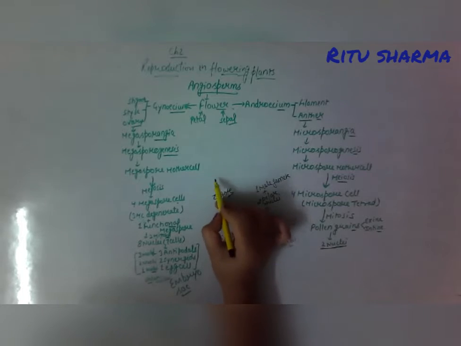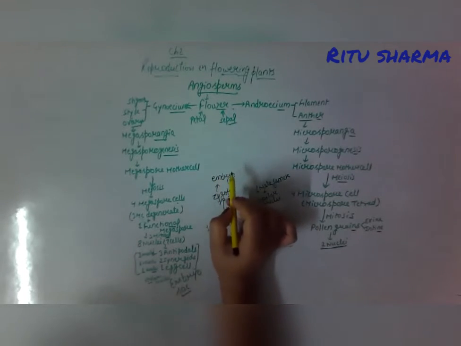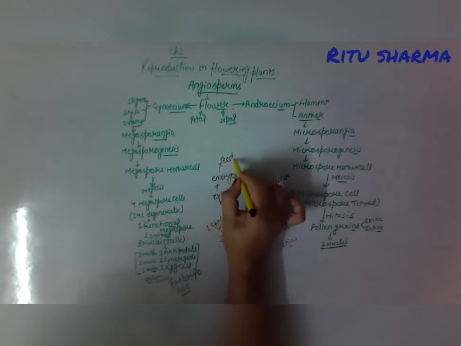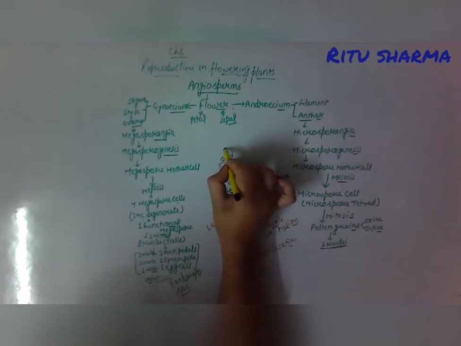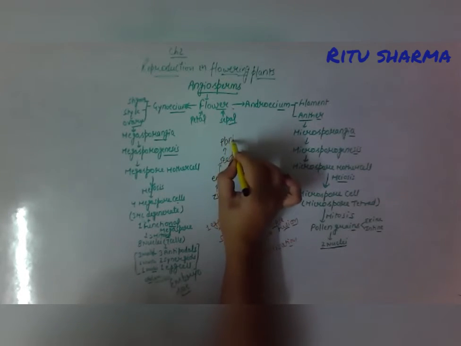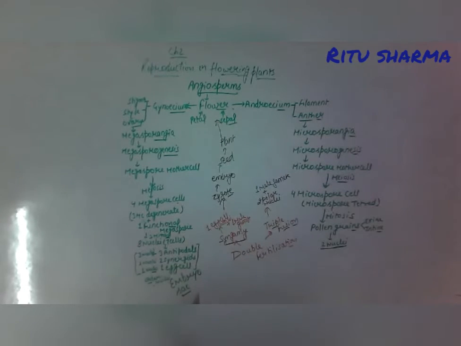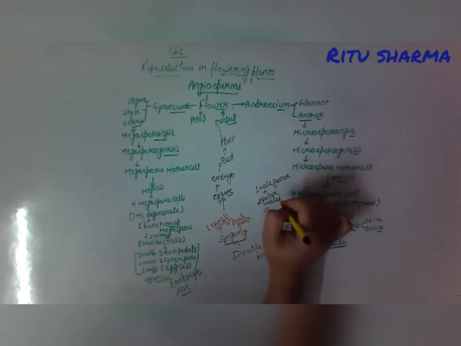The zygote undergoes the formation of an embryo, and then the embryo forms the seed. After germination of the seed, a plant forms, and the plant will again consist of flowers, and this process will happen again.